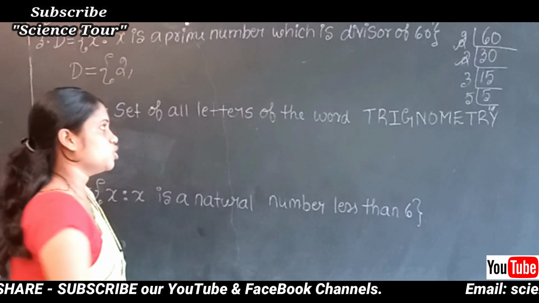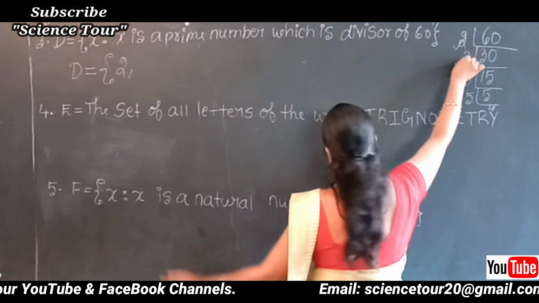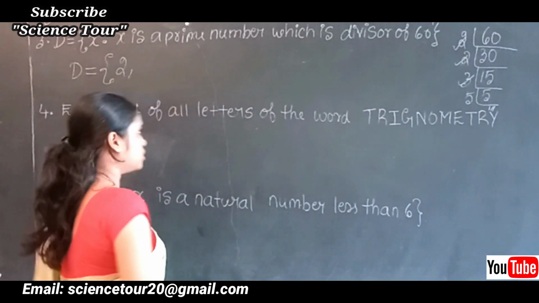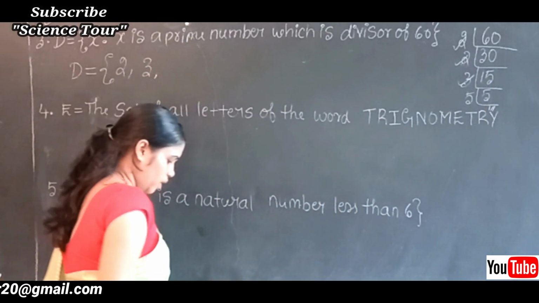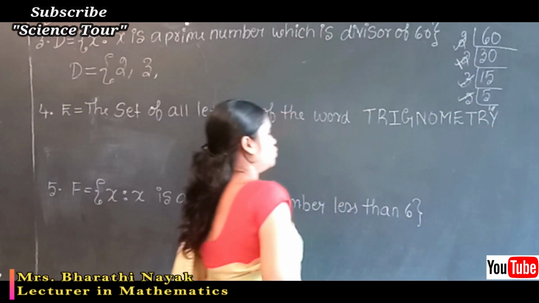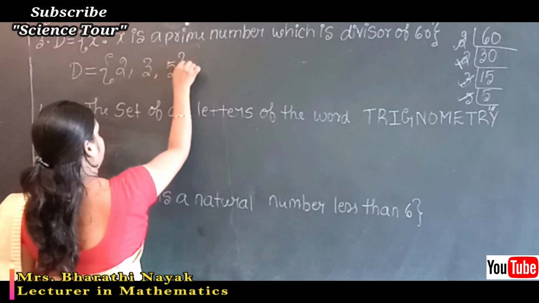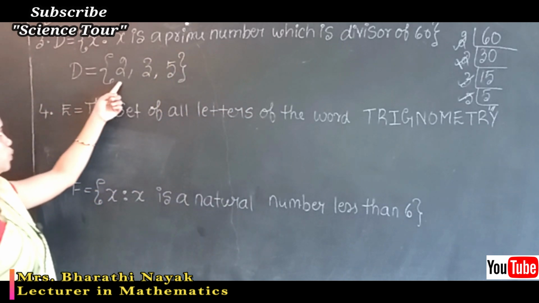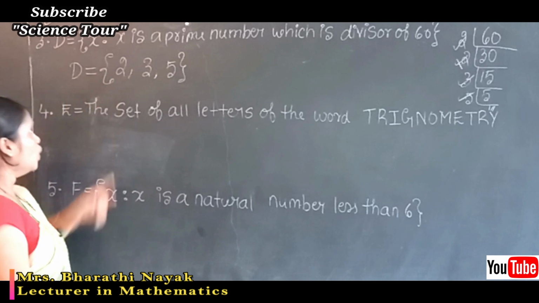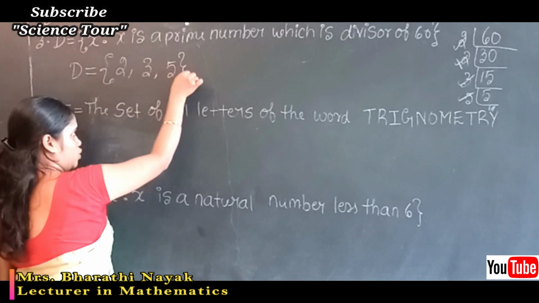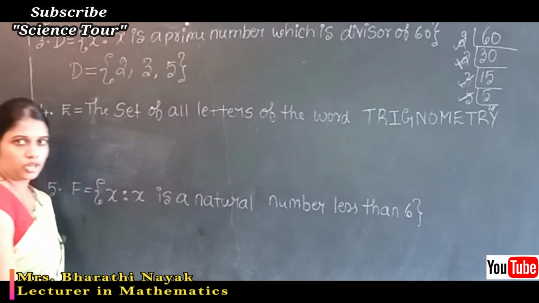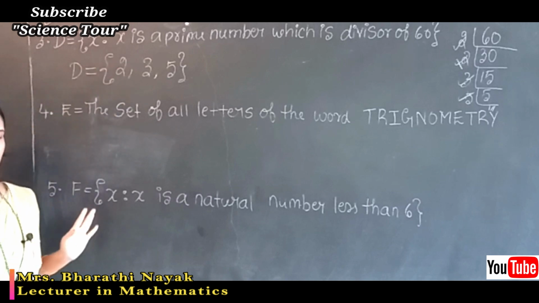So this 2 we cannot write again. The next factor I will choose is 3. Next is 5. So D is equal to the set containing 2, 3, 5. This is known as the roster form of this given set.